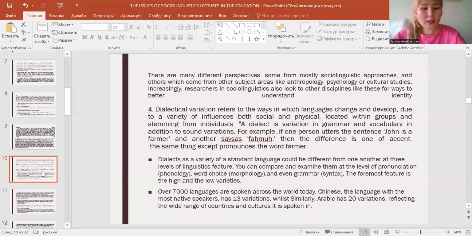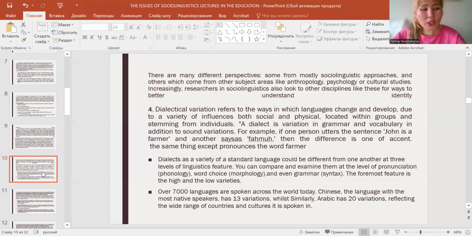Over 7,000 languages are spoken across the world today. Chinese is the language with the most native speakers, the most spoken language in the world, and it has 13 variations.